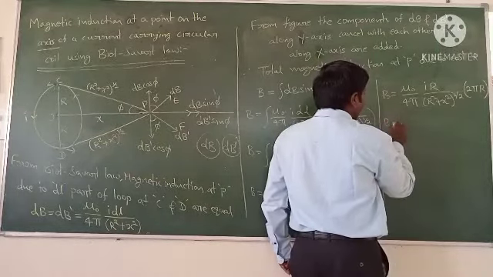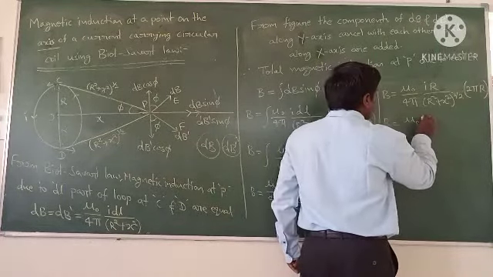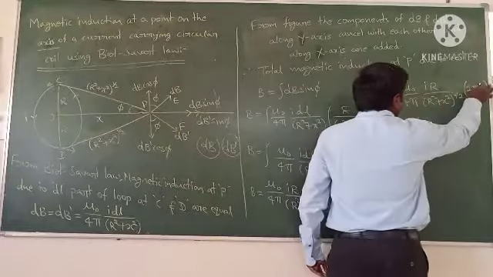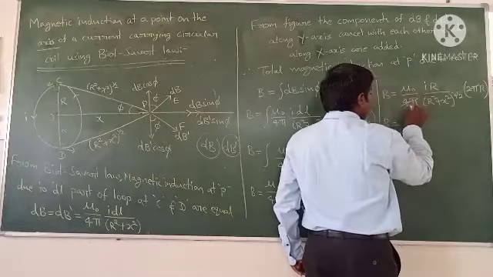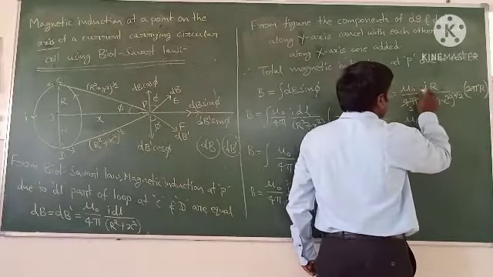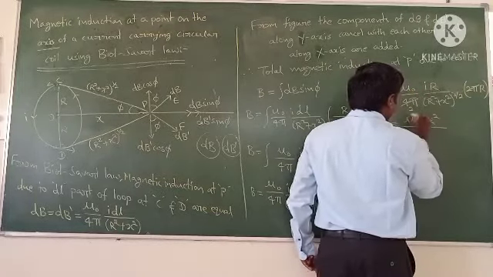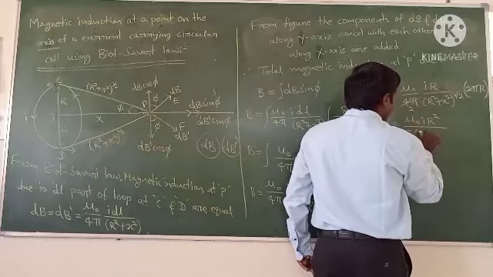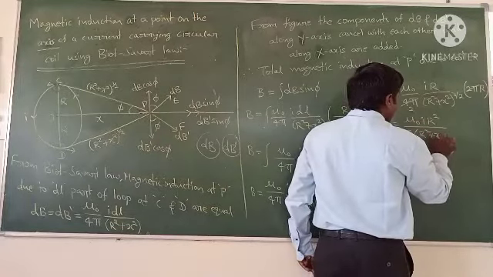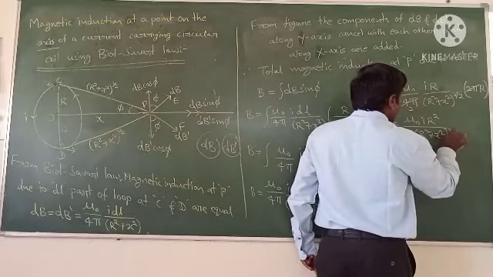So this can be written as B equals mu naught I, the 2 pi and the 4 pi are there, so that means mu naught I r into r square divided by 2 into r square plus x square whole power 3 by 2.